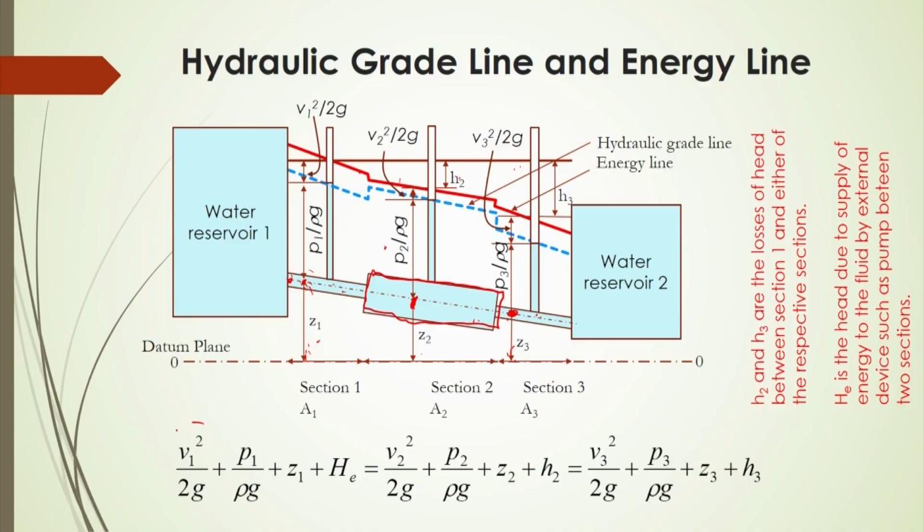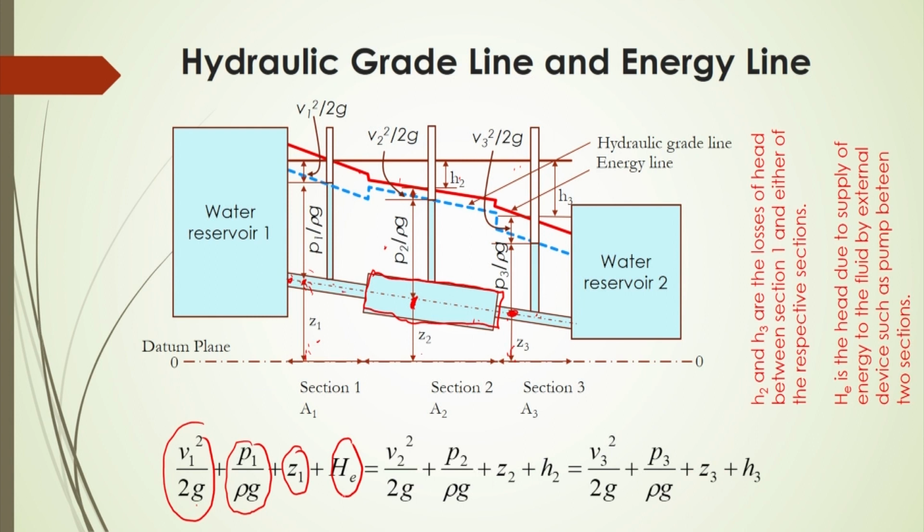So, as per Bernoulli's equation or conservation of energy: V1 square by 2g plus P1 by rho g plus Z1 plus Hc. Hc is nothing but the head due to the supply of energy to the fluid by an external device such as a pump between the two sections.